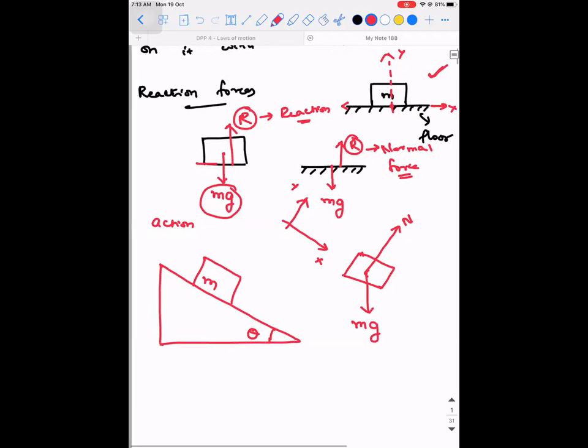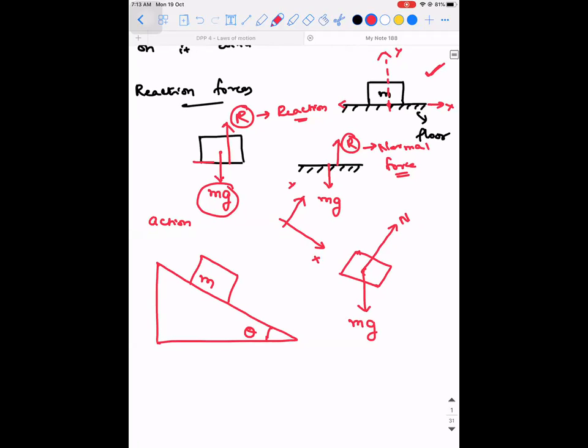Out of N and mg, which force is not aligned along either x or y? mg. So mg can be resolved into two components, and you should always resolve them along the x-axis and y-axis, with this point taken as origin. The horizontal component of mg will be in which direction? Down the inclined plane or up the inclined plane? This is down the inclined plane, this is up the inclined plane.